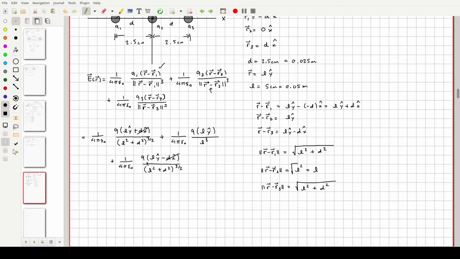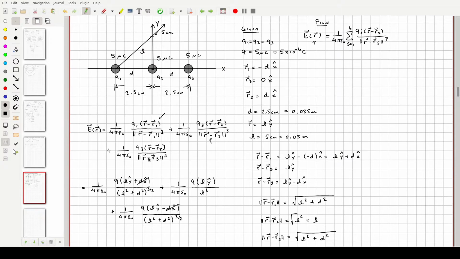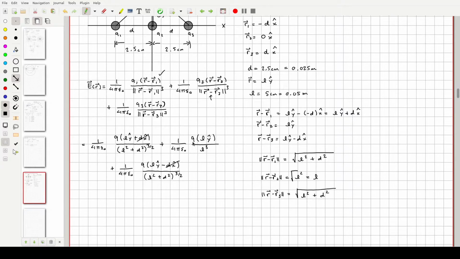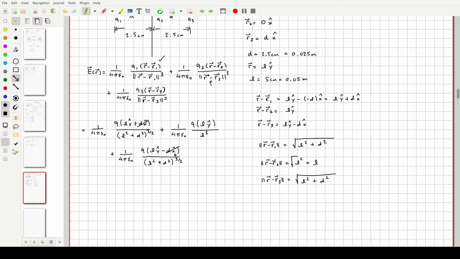These are the same thing. Now that should make sense, because if you think about the fact that they're all equal distances from each other, and we're looking at a point on the center line, then the side parts are going to cancel, and it's just going to give us the up parts. And sure enough, the side parts are the x hat direction stuff. Those cancel, giving us just the y parts.